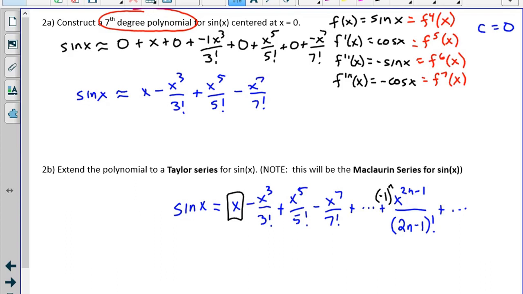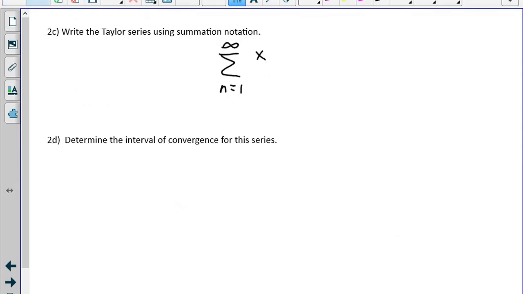So this is not good. So I might have to change that to n minus 1 or n plus 1 or something where I write it down so my first term is positive and my second term is negative. So when I write this summation, n equals 1 to infinity of negative 1 to the n minus 1 times x to the 2n minus 1 over 2n minus 1 factorial.